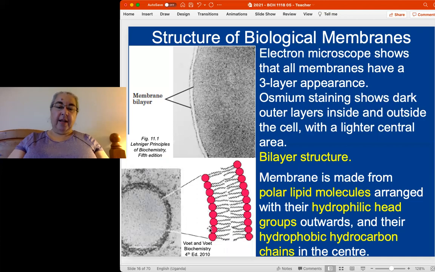The hydrophilic heads of the lipid molecules are on both outside edges of the bilayer, and they are what is able to interact with the osmium and give this dark appearance. On the inside are the hydrophobic fatty tails of the lipid molecules, and they are what gives it this pale, light appearance.